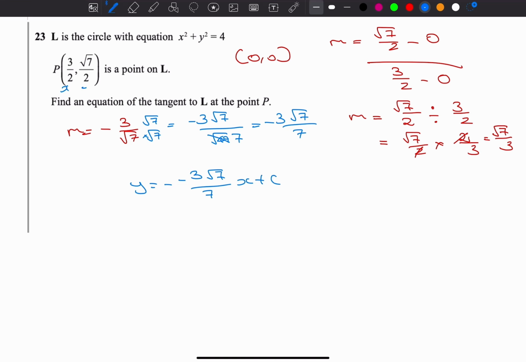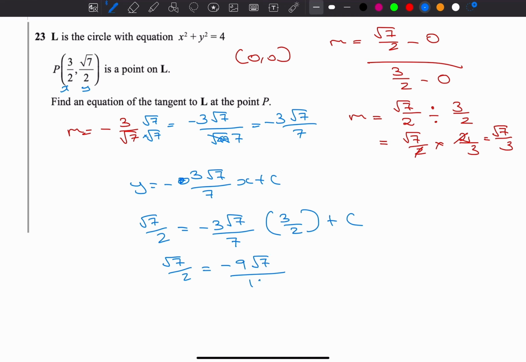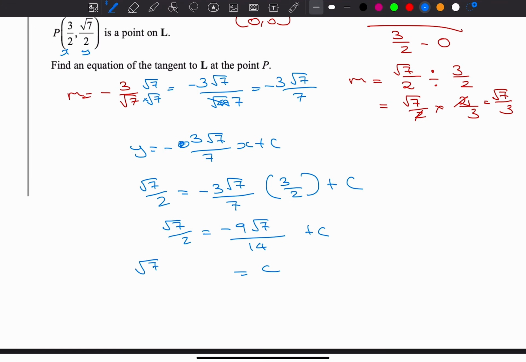Using the x and y coordinate, y is root 7 over 2 and x is 3 over 2: root 7 over 2 equals minus 3 times 3, which is minus 9 root 7, over 7 times 2, which is 14, plus c. C is root 7 over 2 add 9 root 7 over 14.